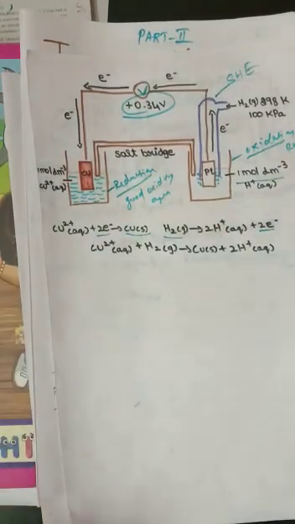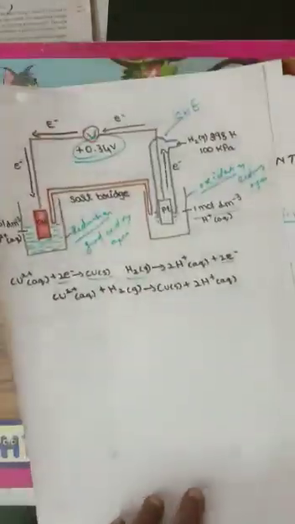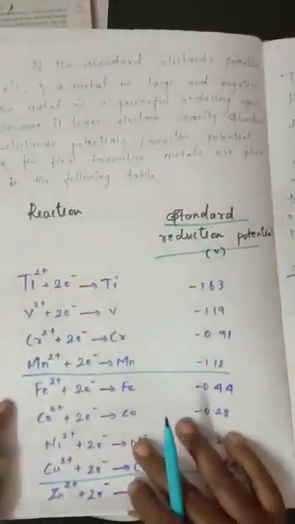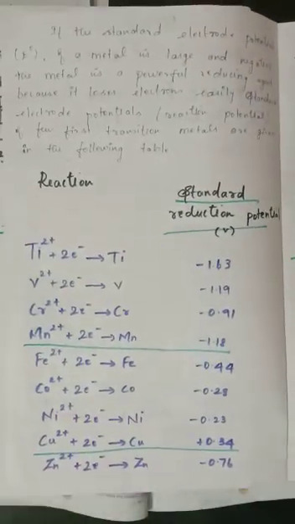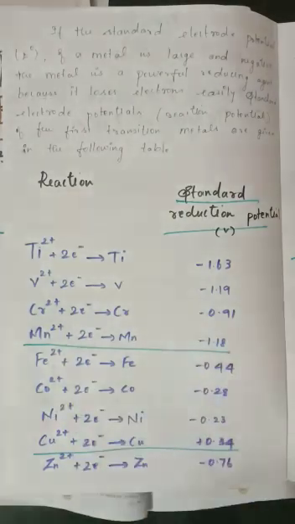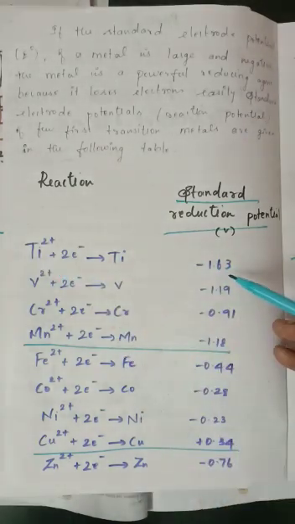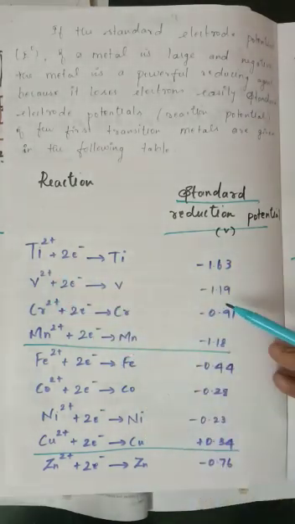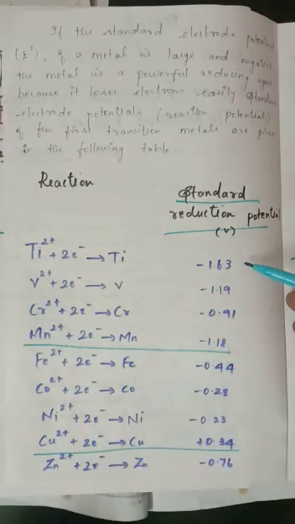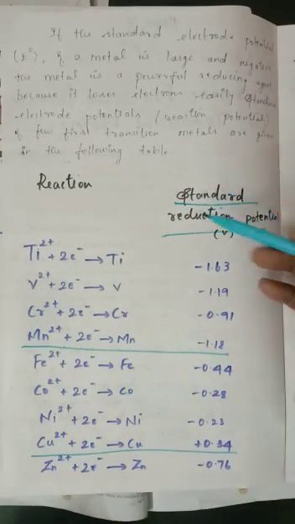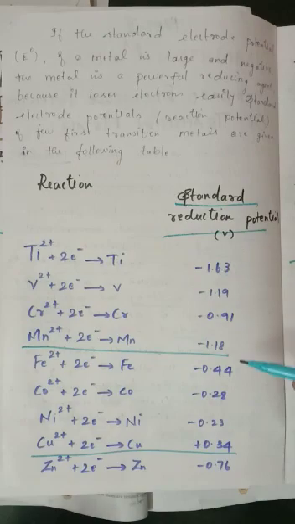Now we have given some more standard reduction potentials of the 3D series elements: titanium, vanadium, chromium, manganese, iron, cobalt, nickel, copper, zinc. So it shows negative values. See here, titanium minus, vanadium also minus, chromium also minus, but for manganese the potential value slightly decreases.